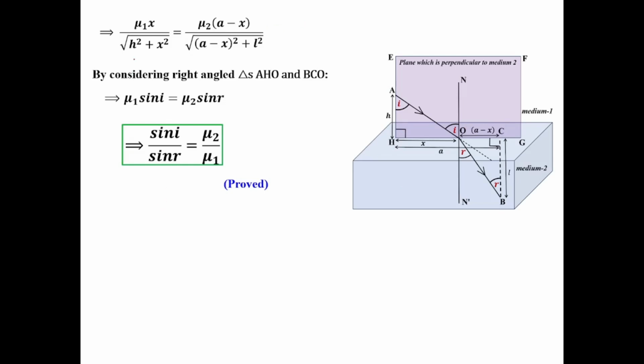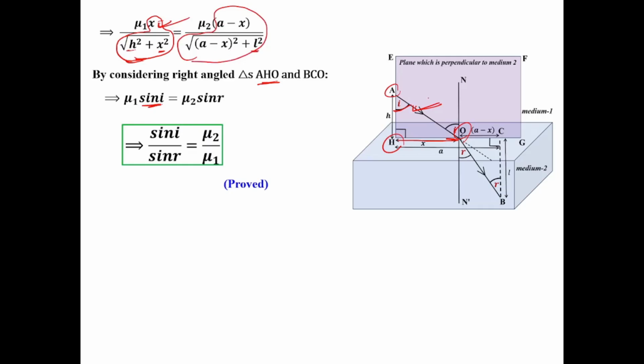Mathematically, or trigonometrically, what can we write? Consider the AHO triangle: x is this side, the diagonal is the square root of h square plus x square, and this angle is i. That means x by the square root of h square plus x square can be written as sin i.